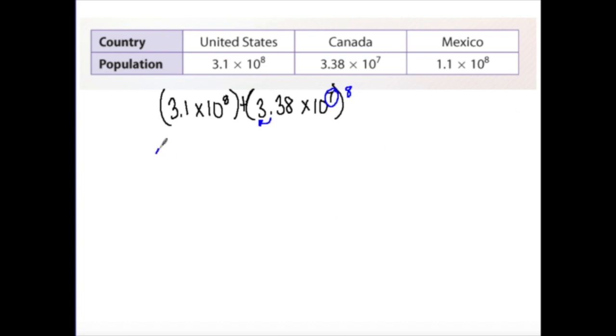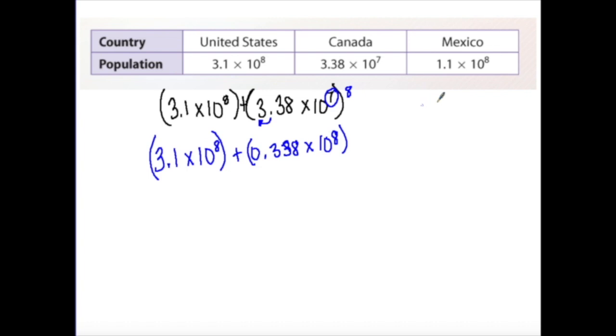So rewriting that, I have 3.1 times 10 to the 8th power plus 0.338 times 10 to the 8th power. The rule says that when we get to this point, we can simply add.